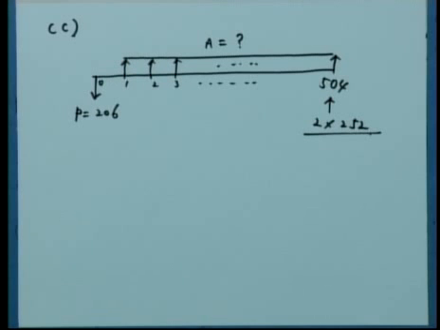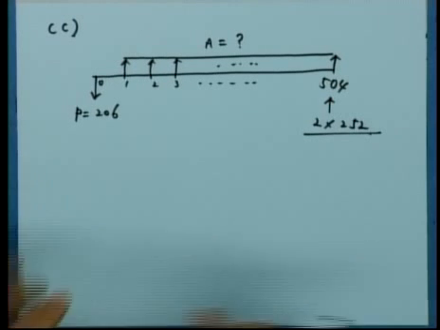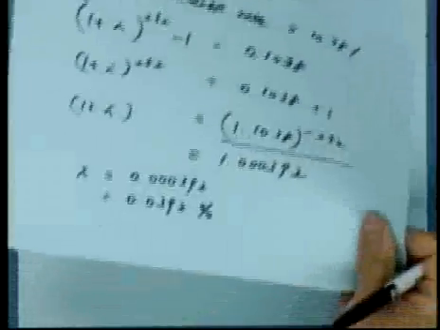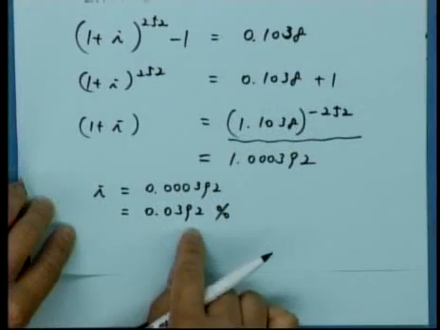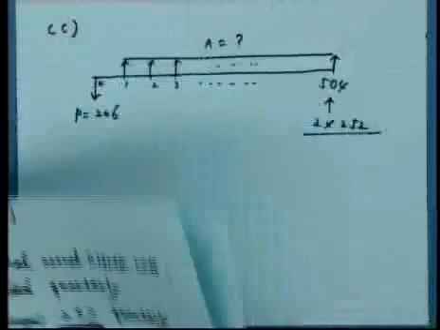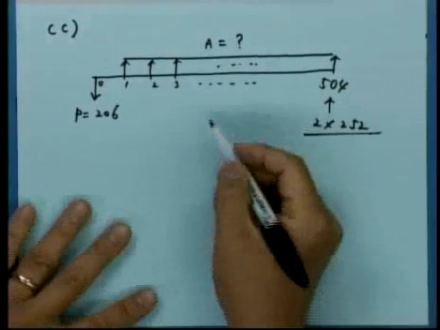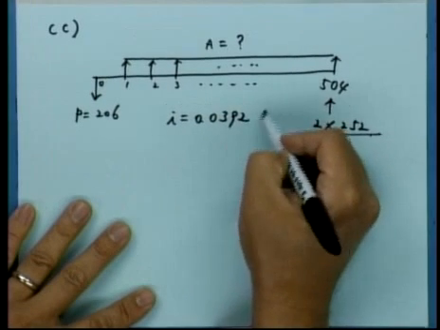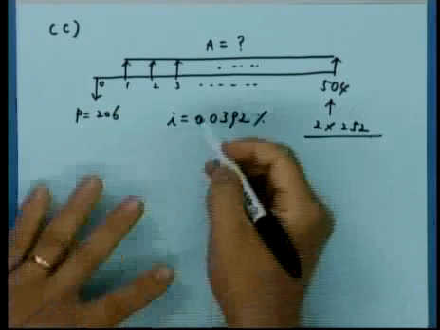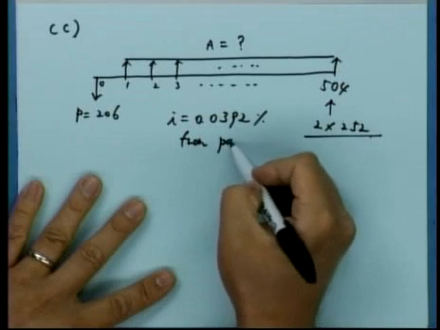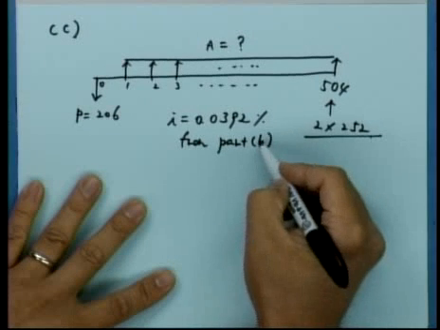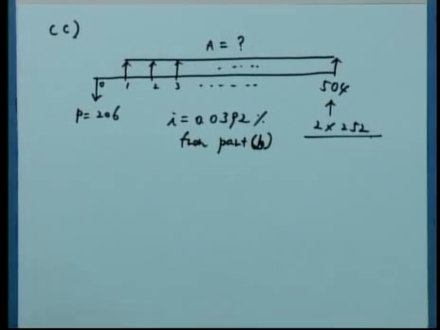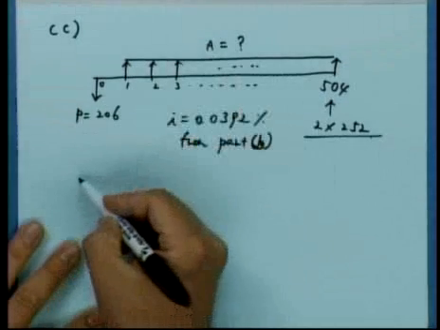And we already calculated the interest rate from part B, which is 0.0392%, right? I is 0.0392%, okay? From part B. So how do you get A?